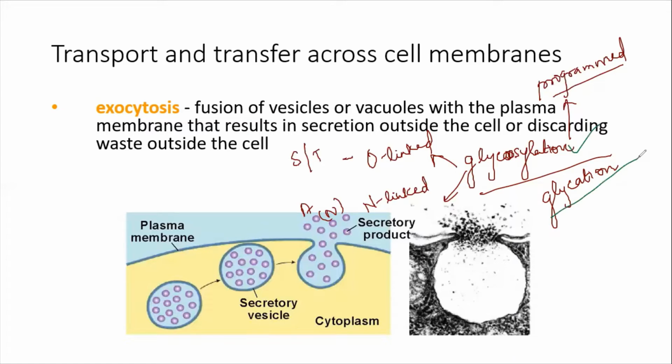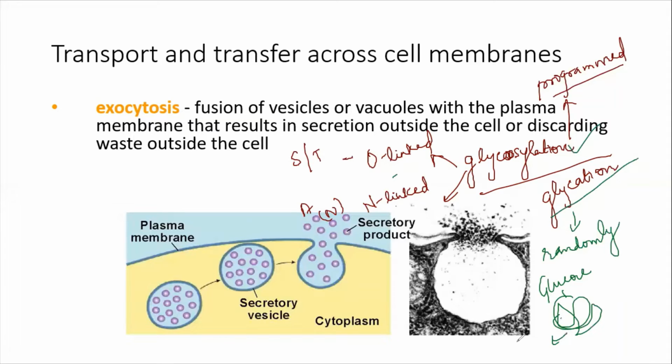Now, glycation is what? Glycation is something which happens randomly, and it is not either O-linked or N-linked. This is the binding of glucose forming a covalent bond randomly on a protein. Now, what will happen if randomly anywhere the proteins are getting bound with glucose?